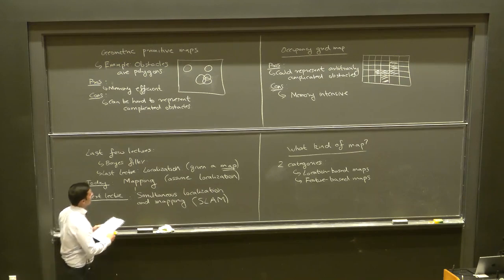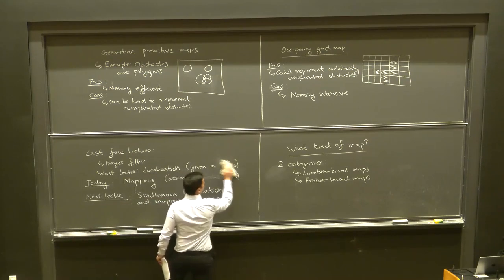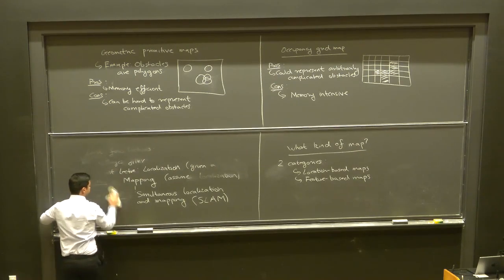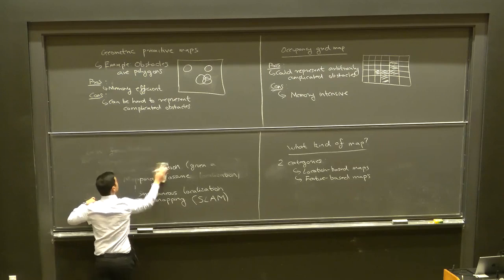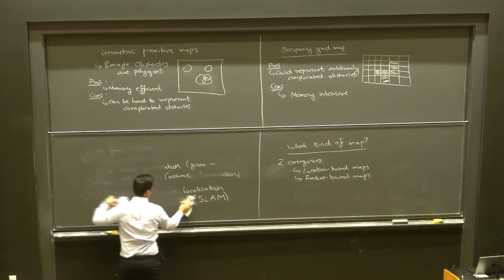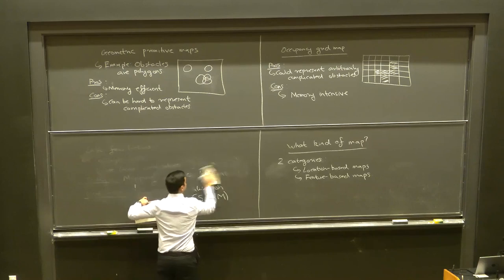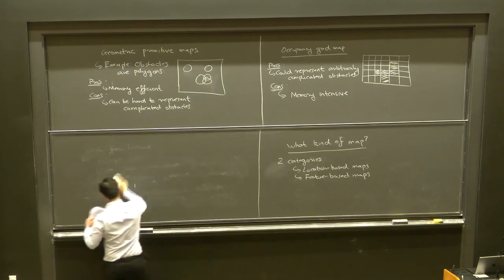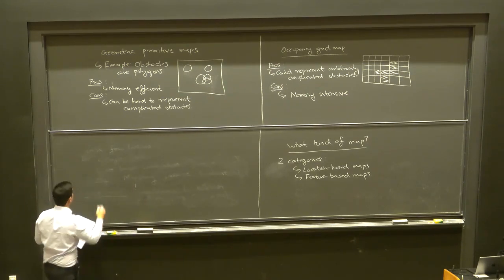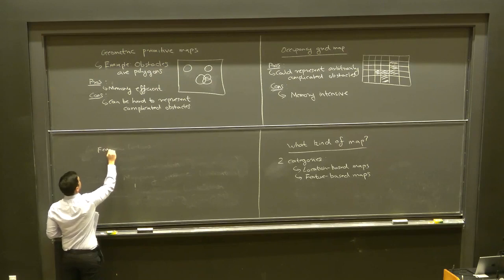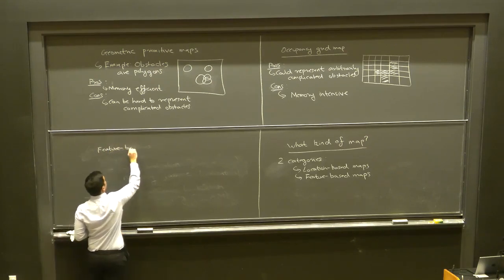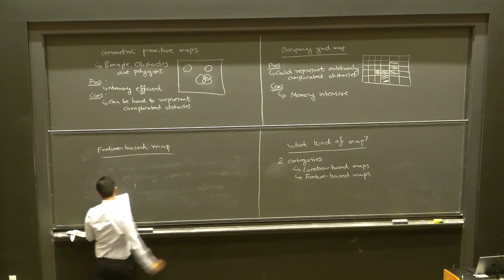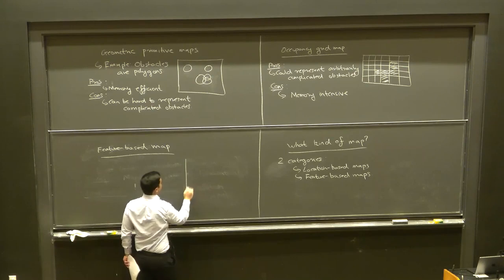All right, so the other kind of map, maybe just really quickly, that we discussed in the last lecture is a feature-based map. So I gave an example of this in the last lecture.